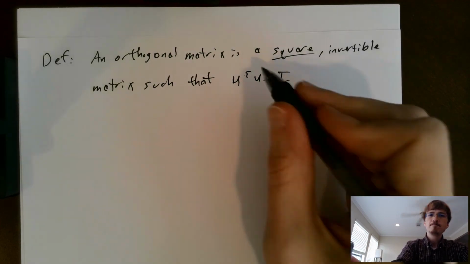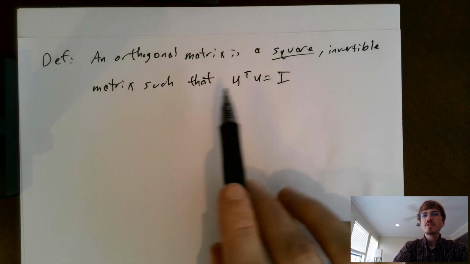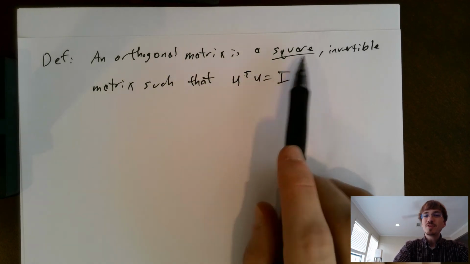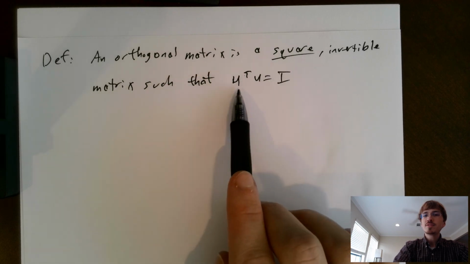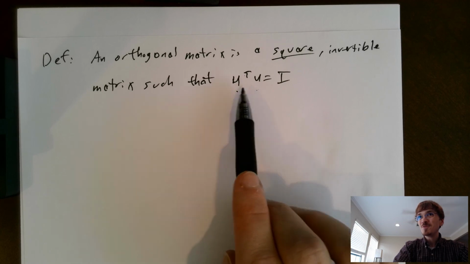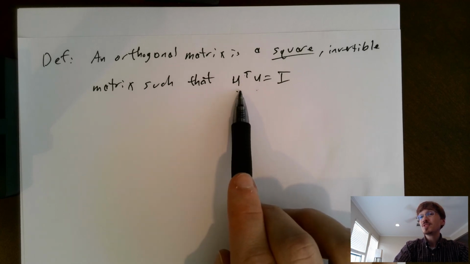It's really interesting that if an orthogonal matrix satisfies U transpose U as the identity, then the inverse of U is just U transpose. That's kind of interesting, right?